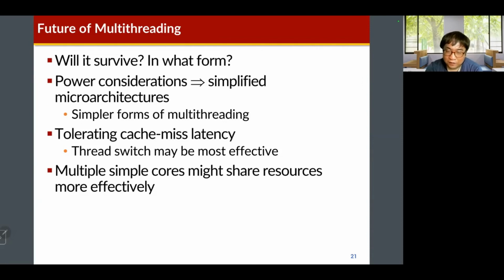So sometimes it can be more efficient to implement multi-threading using multiple very simple small cores. So that is multi-threading.